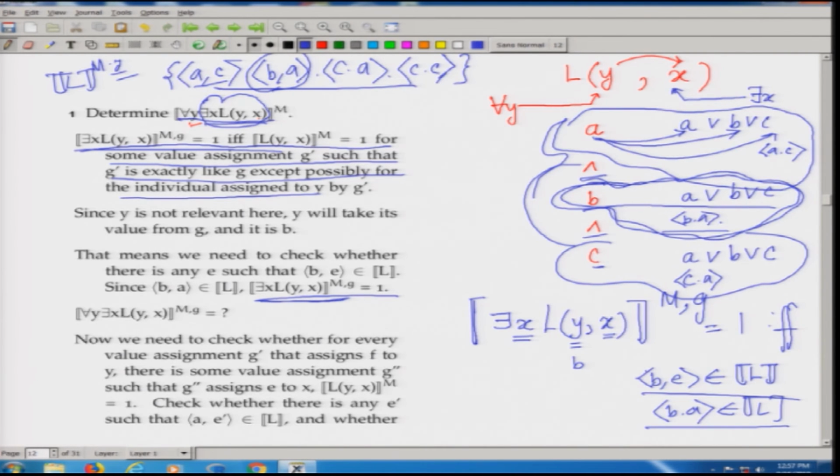So in each and every case, another very important thing is, you see, had this problem been something like, instead of having this, if we just had, for example, sum x sum y Lyx, then what is the value of that?